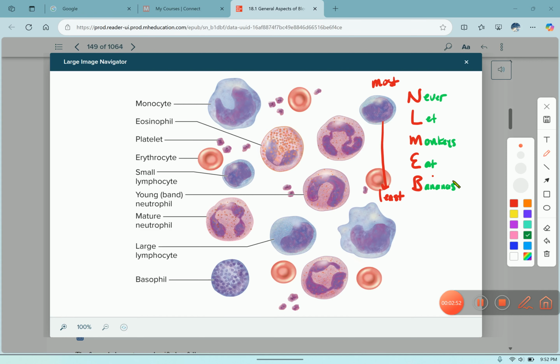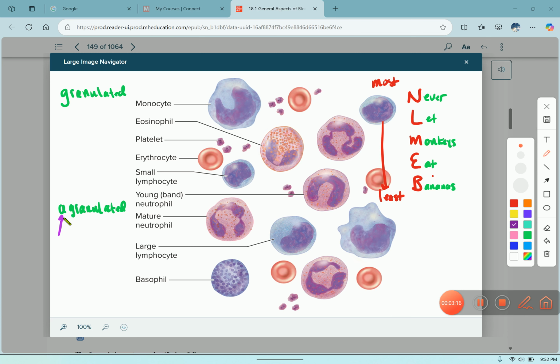Okay, the other way to remember them is granulated versus agranulated. Okay, when you add the prefix a to a word, it means without.